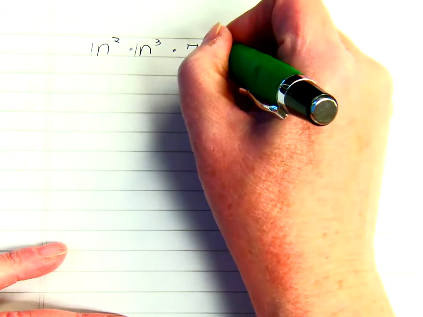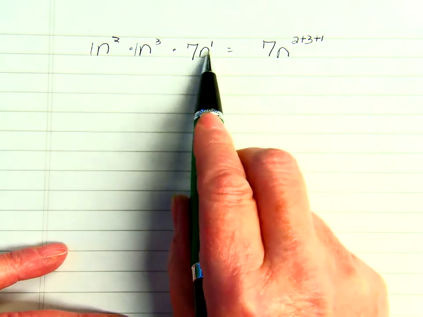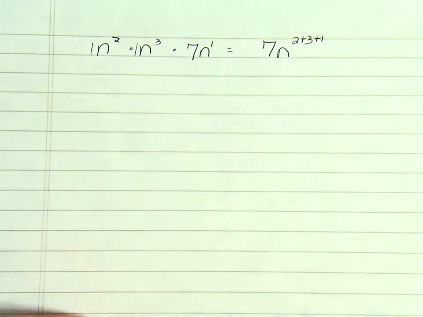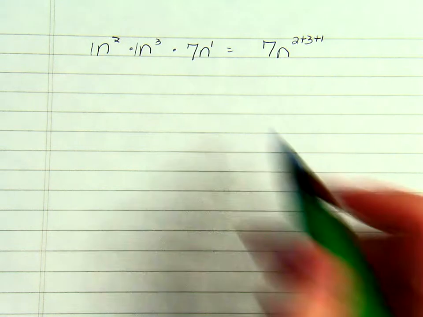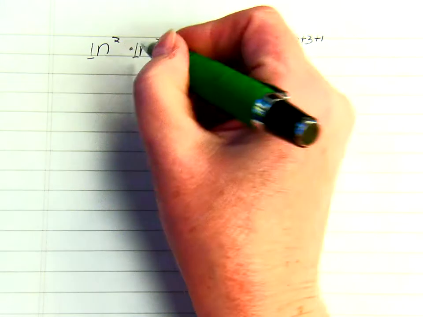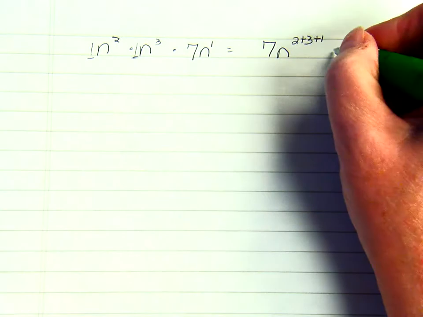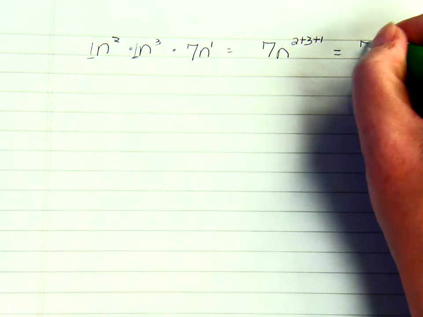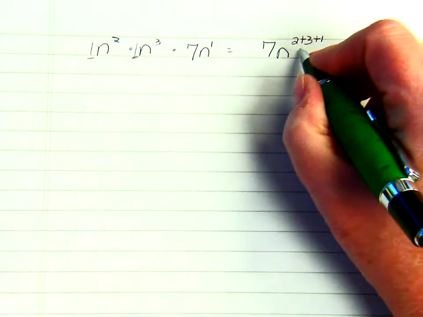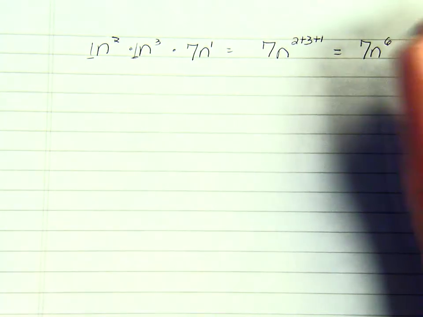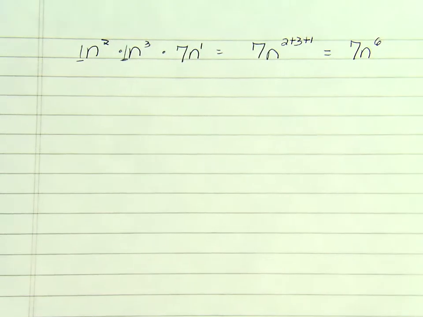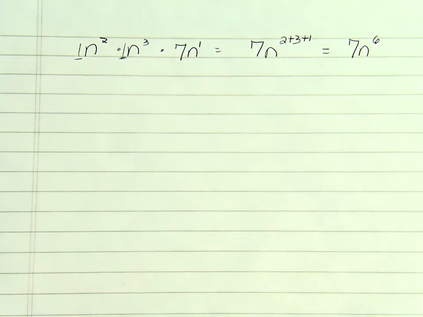Let's not forget that this n right here has an exponent of 1 that they do not write, because proper form is that if it's just one of them, we don't put the exponent of 1, kind of like we don't put the coefficient of 1 in front of our variable either. So when we multiply this out, it becomes 7n to the 5 plus 1 is 6. So 7n to the power of 6.